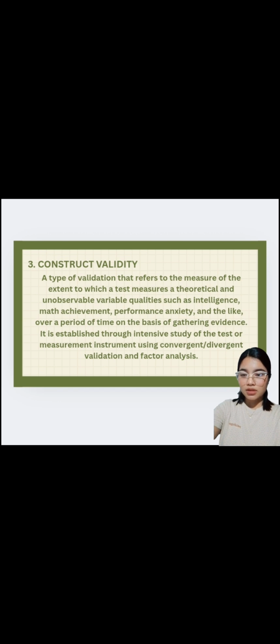Number 3 is construct validity. It assesses whether a test measures a specific theoretical construct or trait, such as intelligence, anxiety, or motivation. Letter A. Convergent validity. It has high correlation with other tests measuring the same construct. Letter B. Divergent validity. It has low correlation with tests measuring different constructs, so high validity is indicated by a low correlation coefficient.